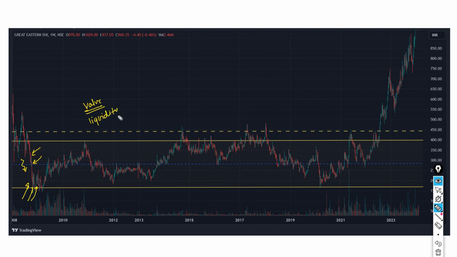If you see my previous videos, you will understand that the CO needs these two things for building his position: one is value and one is liquidity. This particular event is called SC, which is nothing but the selling climax.